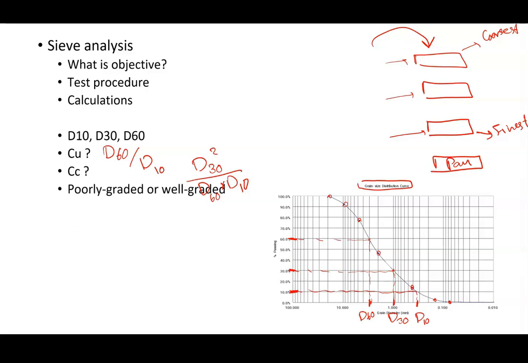And then use the statements provided in your lecture notes to determine if that sample is a poorly graded sample or if it's a well-graded sample. Also, you need to be able to calculate the amount of gravel, sand, and fines in a soil sample from sieve analysis results.